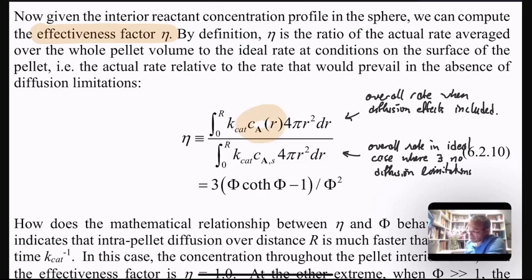Remember that C_A of r, that's what we just solved for with those sine hyperbolic functions. And everything in the bottom here is just a polynomial integral. So these two integrals can both be done, and they result in a fairly simple function that you can write down in terms of a cotangent hyperbolic. And in terms of course, the one parameter in the problem, our Thiele modulus.